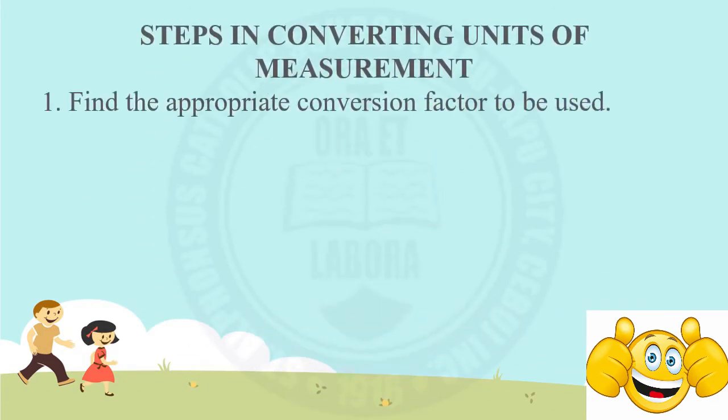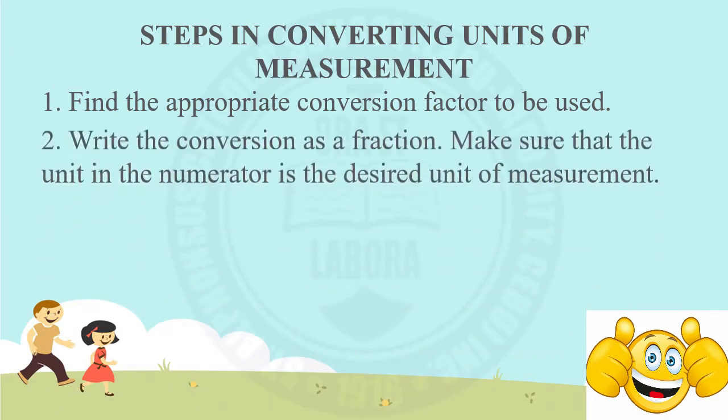Steps in converting units of measurements. As you can see, the steps are the same as in converting measurements of length. First, find the appropriate conversion factor to be used. Second, write the conversion as a fraction.